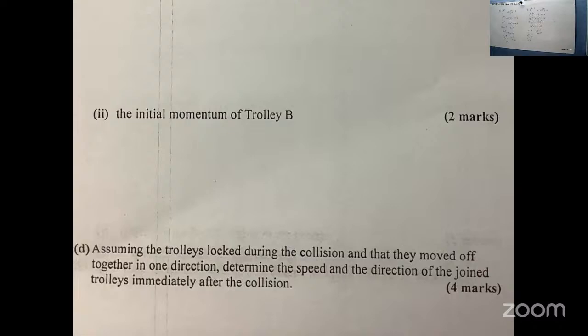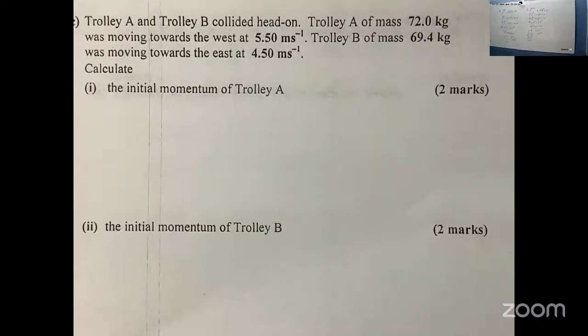Let us check on your first two parts. I like to draw a diagram, you don't have to. So you have a trolley going west. Your first trolley here, going west, is 72 kilograms.